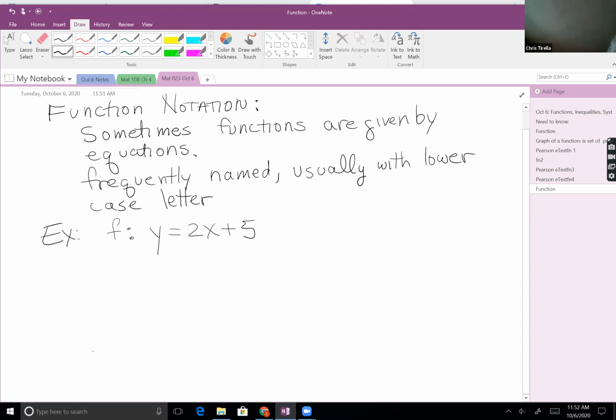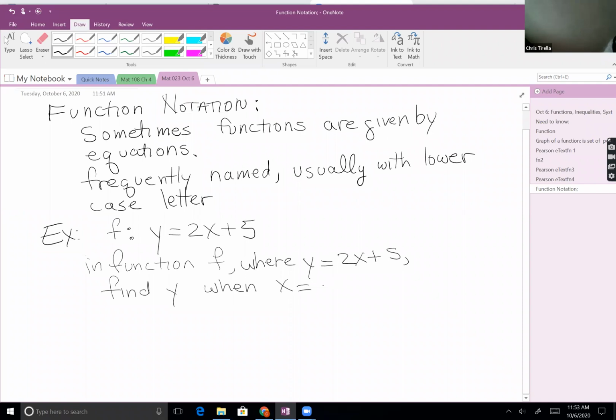And so I might say in function f, where y equals 2x plus 5, I might ask you to find y when x equals 5.